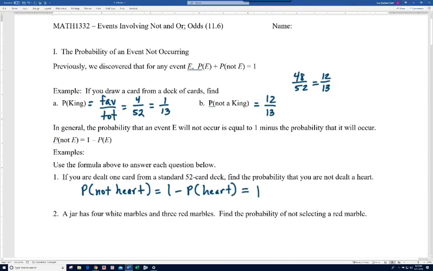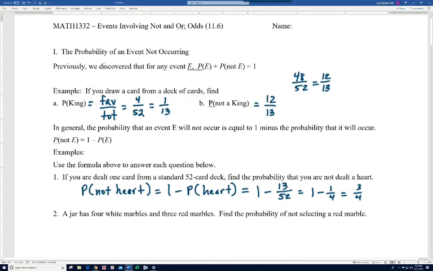There's 13 hearts out of the deck of 52 cards, and that's 1/4 when you reduce 13 over 52. So that's 1 minus 1/4, and so that's 3/4.